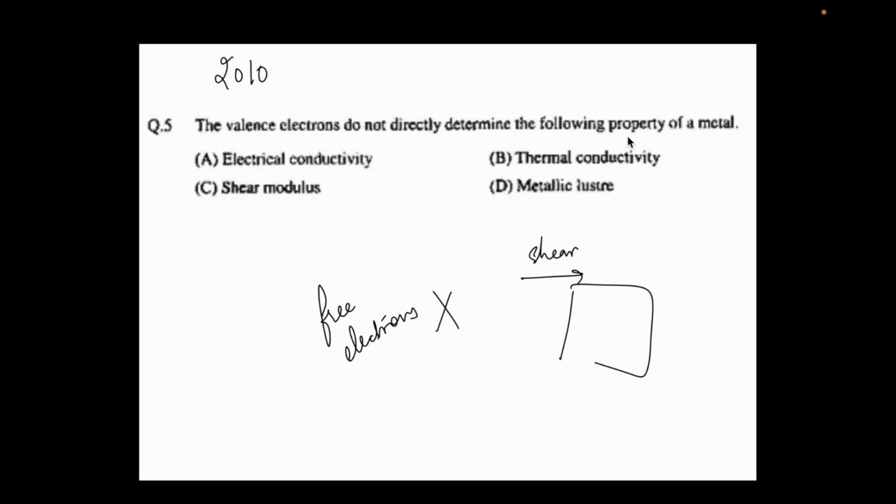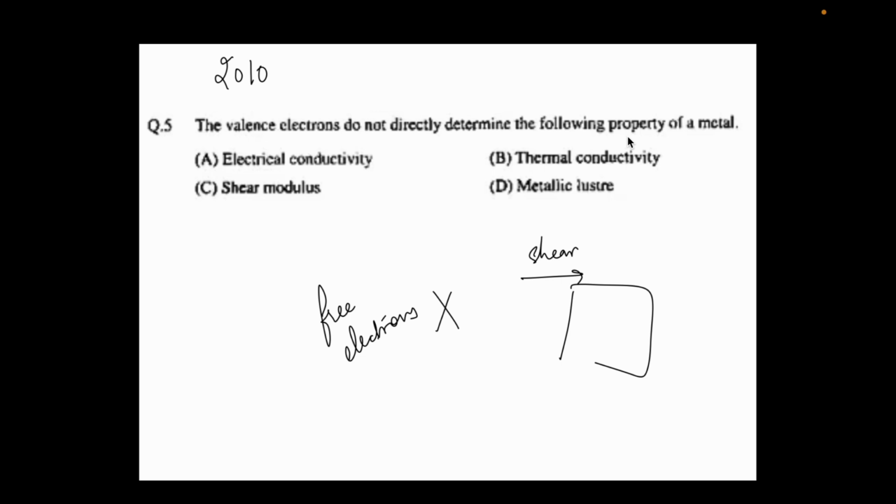Because it should depend on the macroscopic stuff, for example the atomic cores, basically the nuclei of the material, and how they are arranged in the crystal lattice. So it depends on the mass of the atoms and all that, which directly influences the shear modulus, not the electrons. So basically this is the correct property.